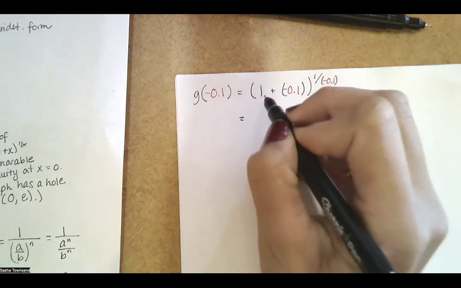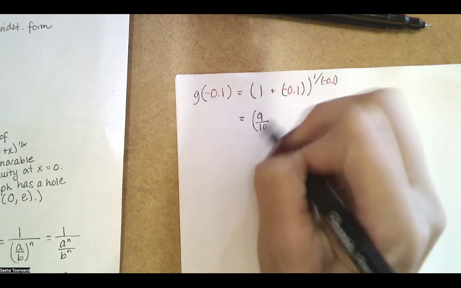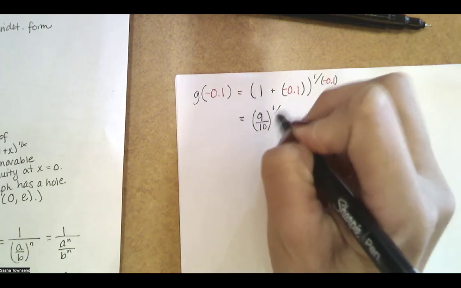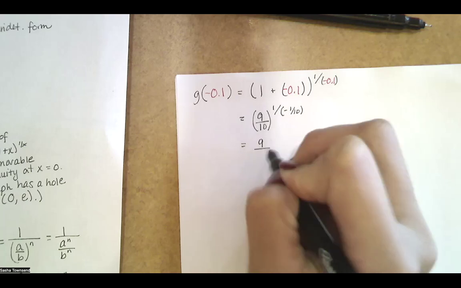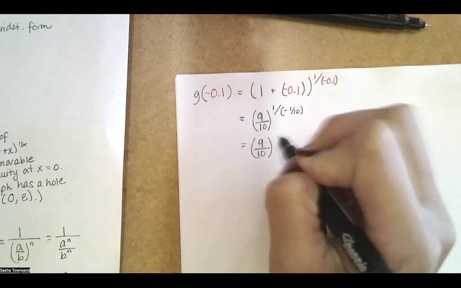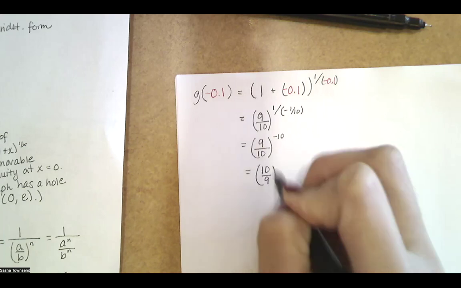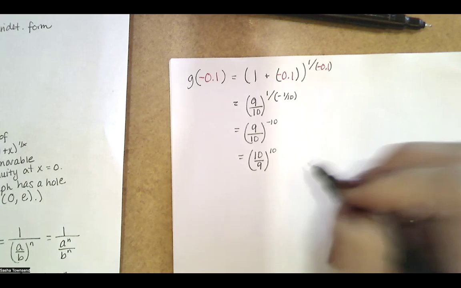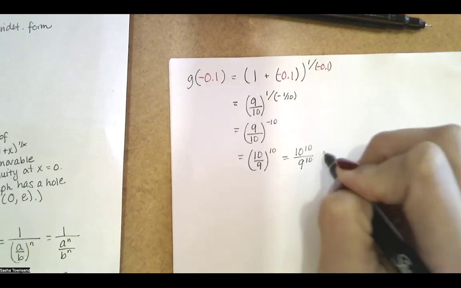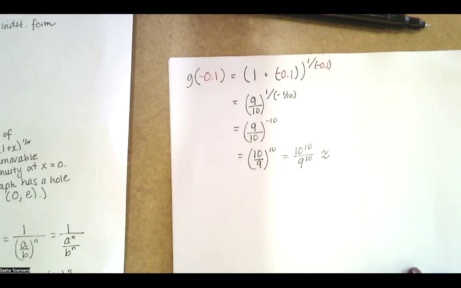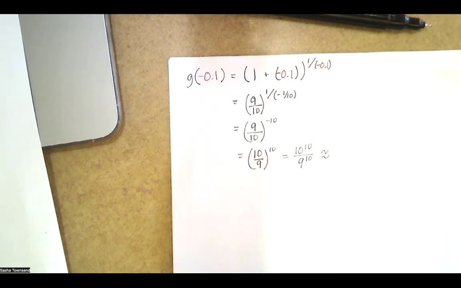So this is going to be 0.9, or 9/10. I actually prefer to think in terms of those fractions. This is 1 divided by -1/10. So that's going to give me 9/10 raised to the -10th, which is 10/9 raised to the +10th. And if we actually evaluate that, 10 to the 10th over 9 to the 10th, I'm not sure what that is, but I think Desmos could tell us, and I bet it's like 2 point something. It's going to be close to e.